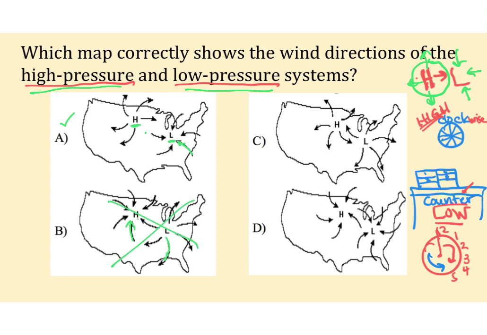I know that can't be it, so I can cross that one out. For C, it's going out of the high and out of the low, so I know that can't be a possible answer. For D, it's going into the high and into the low, so that can't be a possible answer either. For this particular one, I didn't even have to know clockwise and counterclockwise, but for some of them, you do have to know that.